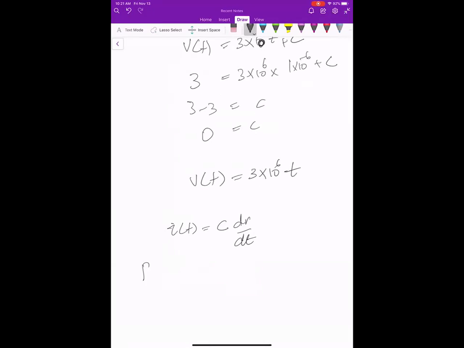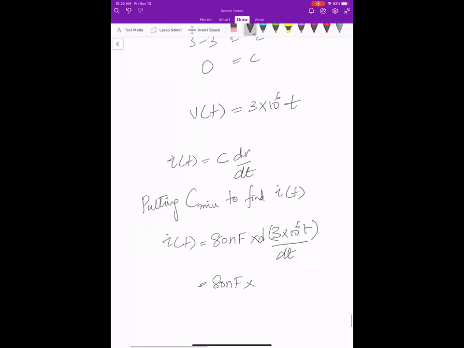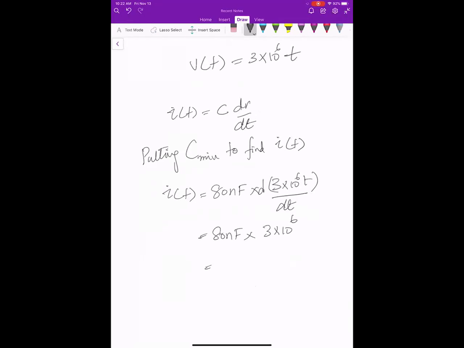Putting C min to find I, it will give me I of t, C min is 80 nanofarad into d of 3 into 10 to the power 6 t by dt, which will give me 80 nanofarad into 3 into 10 to the power 6, which gives 240 into 10 to the power minus 9 into 10 to the power 6, which gave me 240 milliamps.